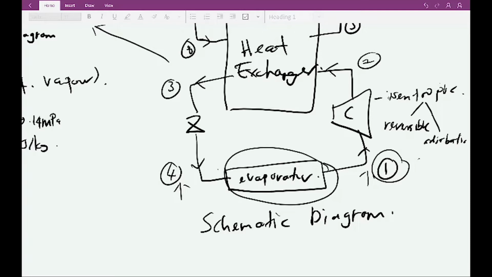It may be an actual vapor compression cycle. The interesting thing about an isentropic process is that one property, which is entropy, S, is equal before and after the compression process. So in this case, we can write S1 equal to S2.